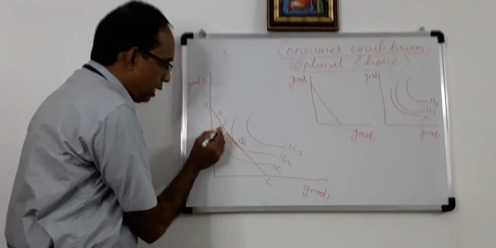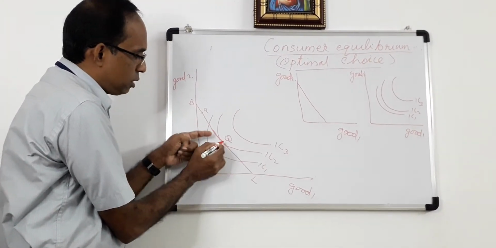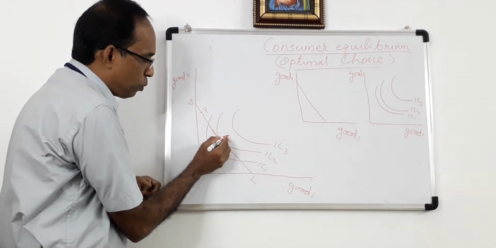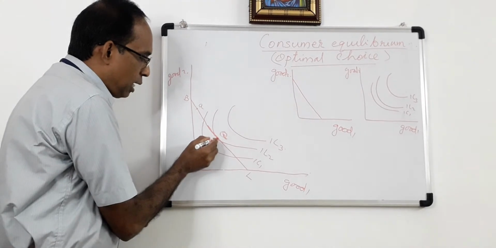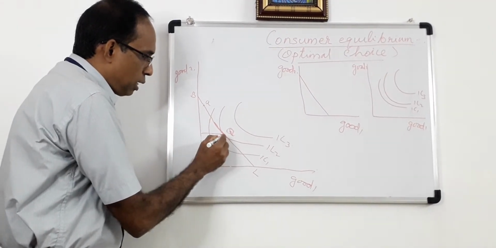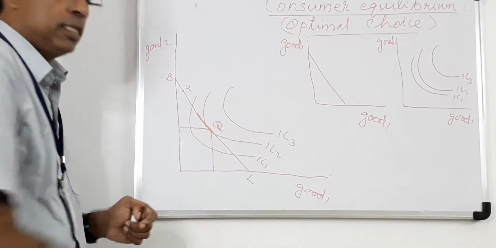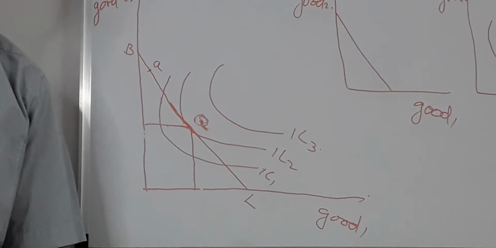Here his budget line is BL. His budget line is tangent to an indifference curve at point Q. So this bundle gives him maximum satisfaction with his income.